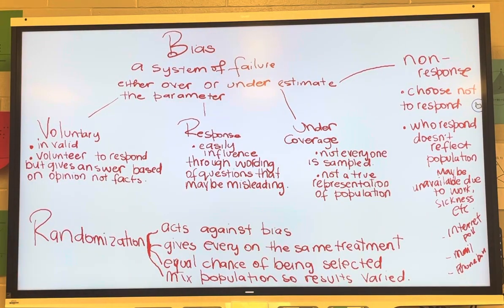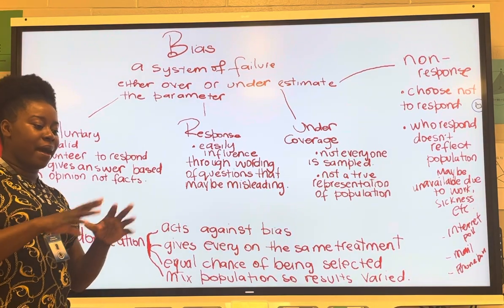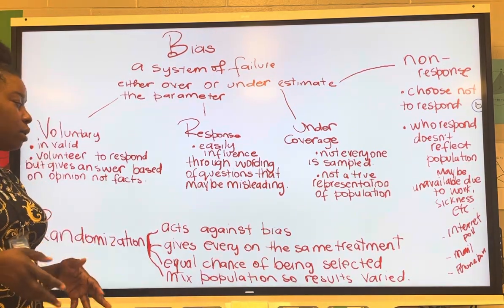Randomization is our third idea. Randomization is the aim of the act against bias. If you want to eliminate bias from your sample, we seek to randomize.